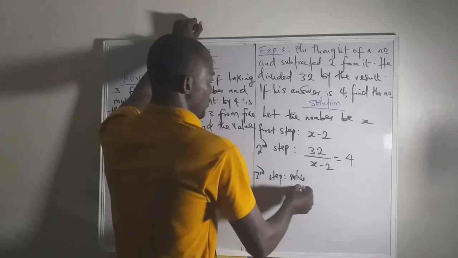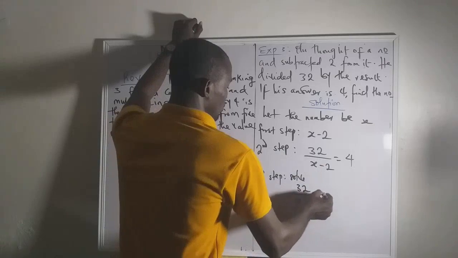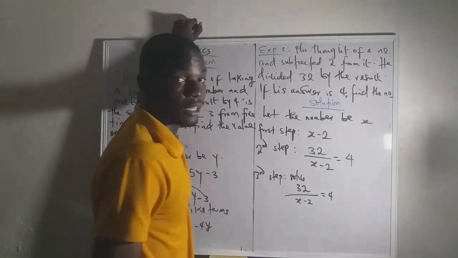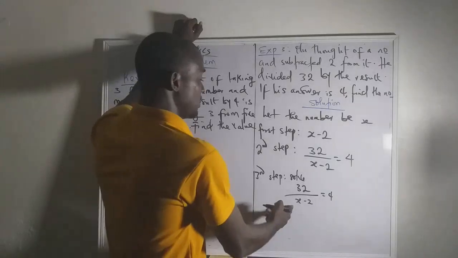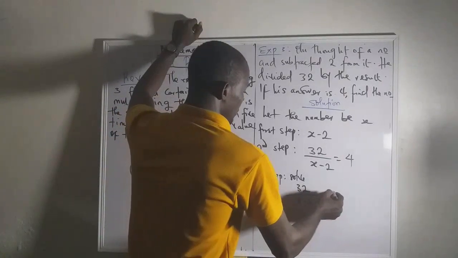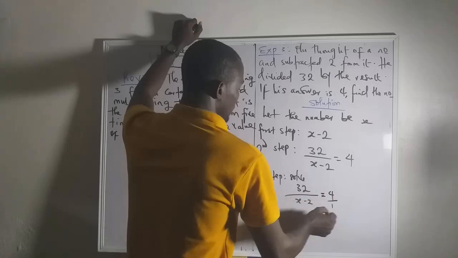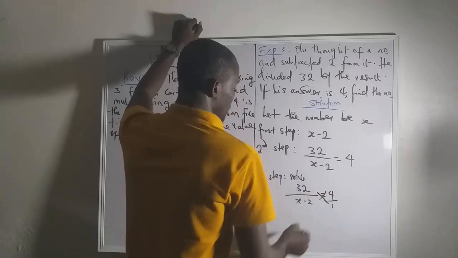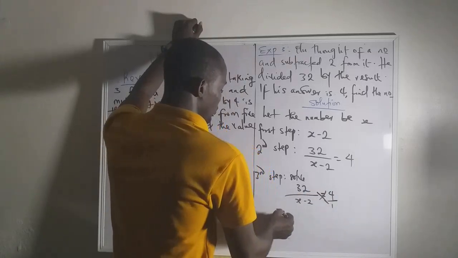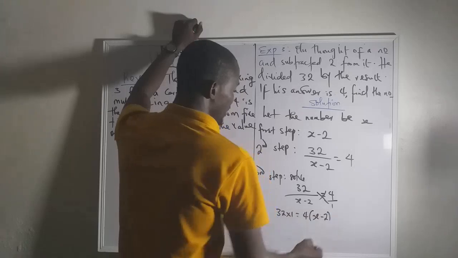So third step is that we solve. Now, here we have 32 over x minus 2 equals to 4. We want to eliminate this denominator, and we can simply cross multiply. If you cross multiply here, you are going to have 32 times 1 equals to 4 multiplying x minus 2.